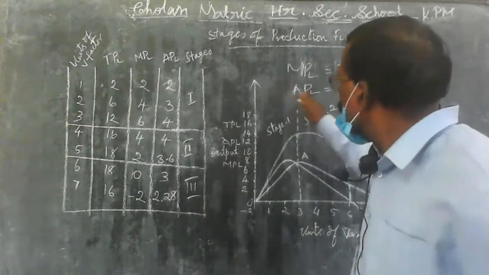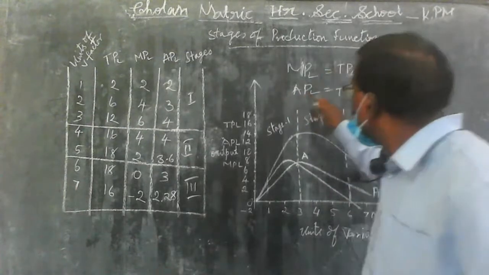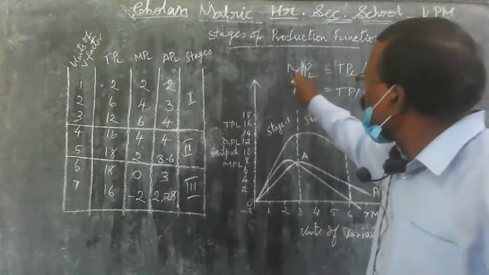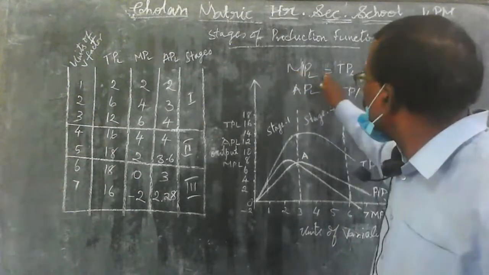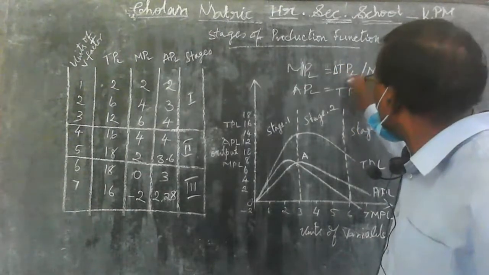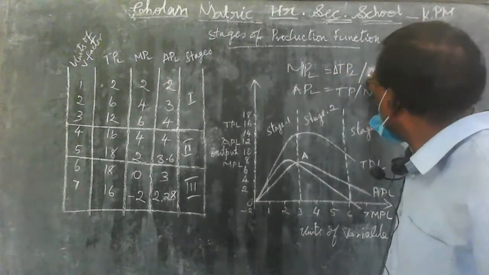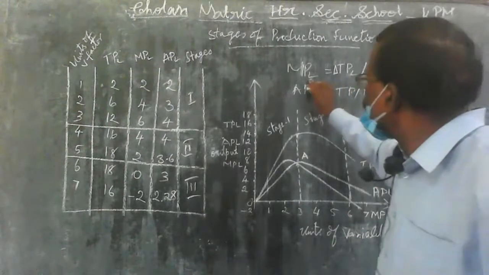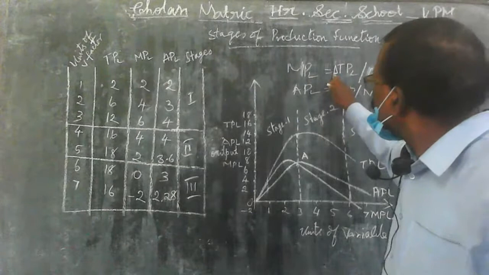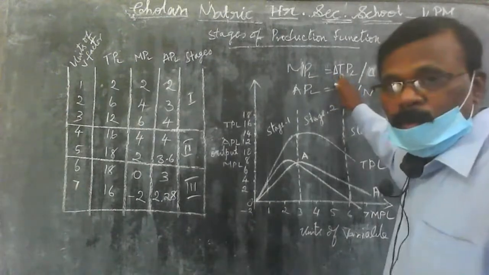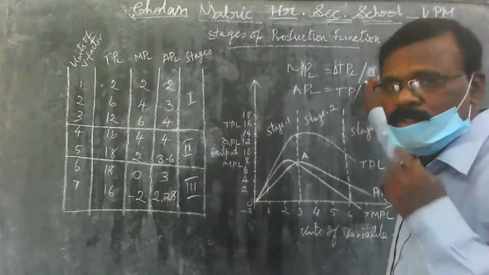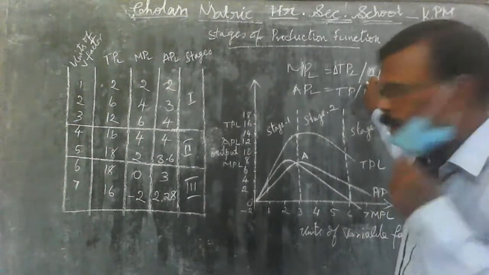Here, average product is equal to total product divided by N. Here, marginal product is equal to the change in TPL divided by the change in N. That means the marginal product of labor is equal to the ratio of the change in total product to the change in the number of units of variable factor employed.